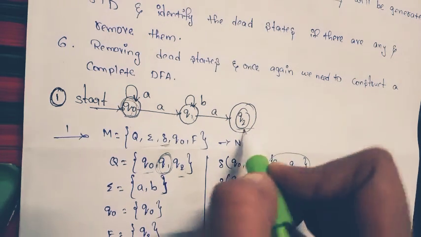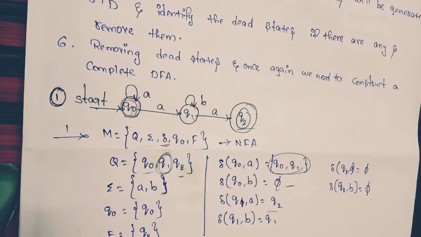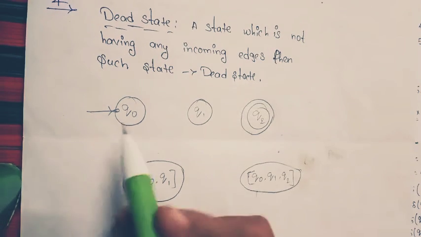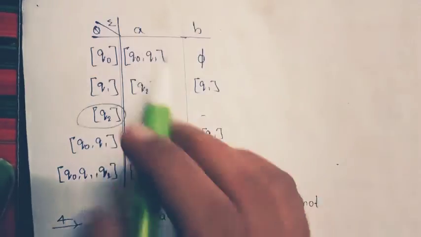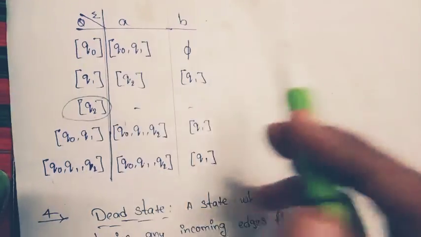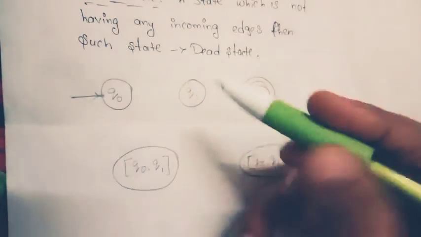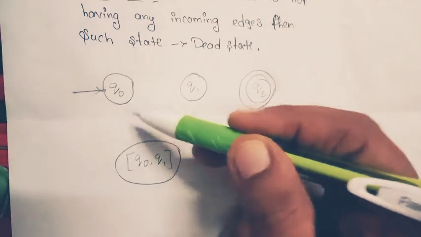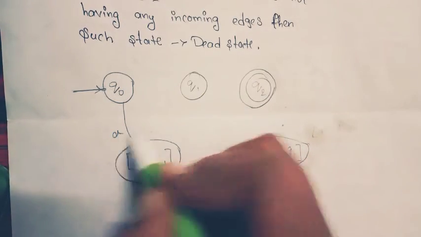Then let's denote these symbols in the state transition diagram. See guys, this is the initial state and this is the final state. So guys, here Q0 of A is Q0 and Q1, and Q0 of B is phi, means there is no input symbol. Just draw here from Q0 to Q0 comma Q1 we have A.